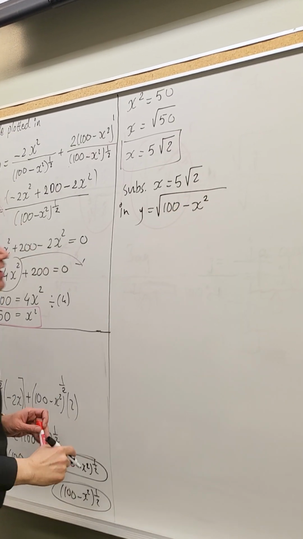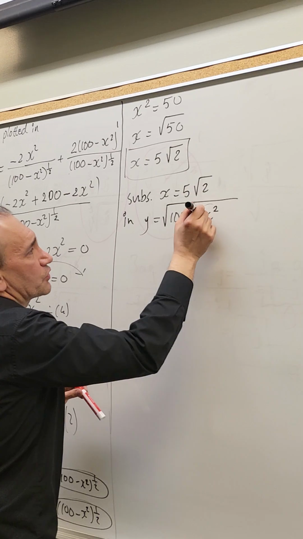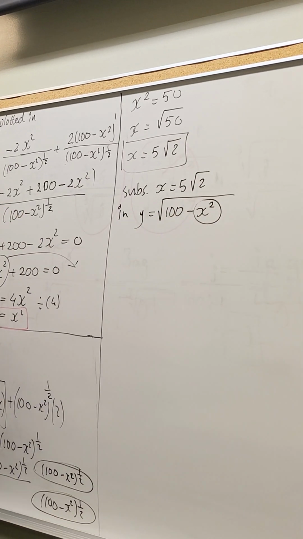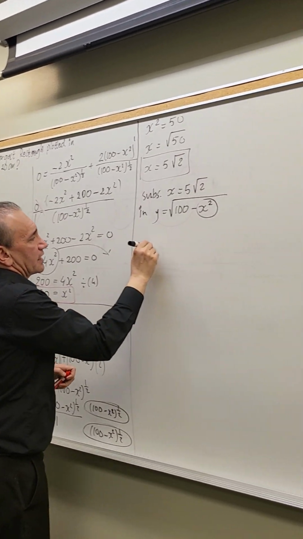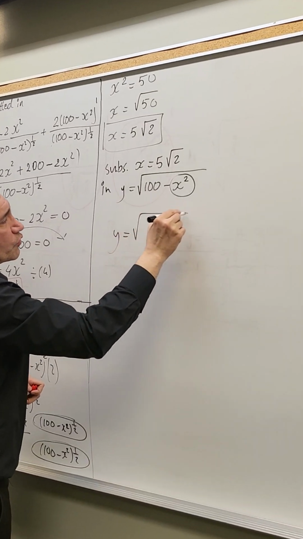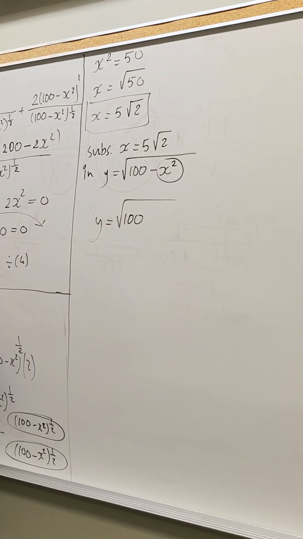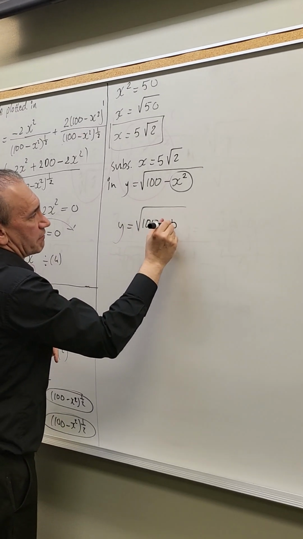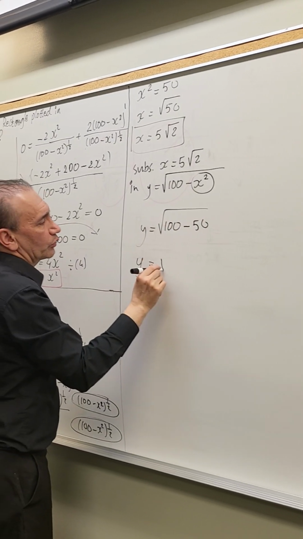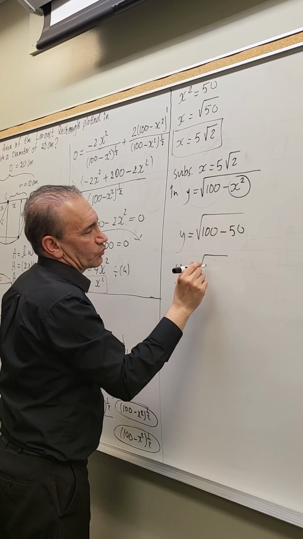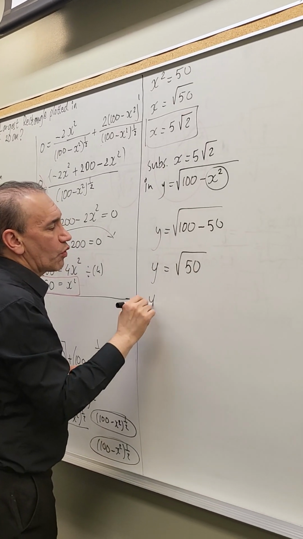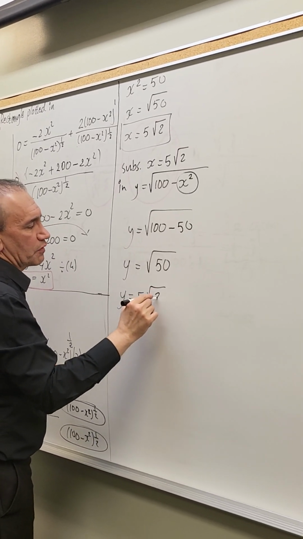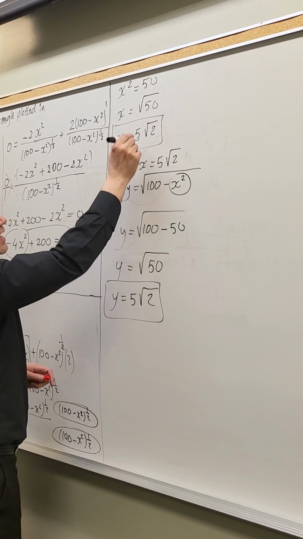Well, to be honest, it's going to be easier if we just substitute x squared from the very original one, which is 50. So I can say that y is equal to the square root of 100 minus 50, so y is equal to the square root of 50, which can also be written as 5 square root of 2. So I get the value of y and I get the value of x.